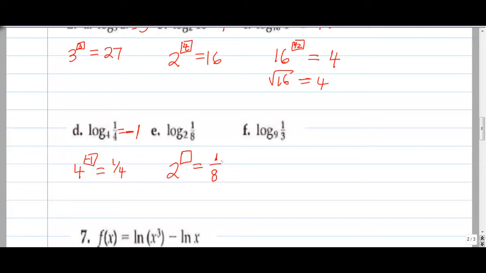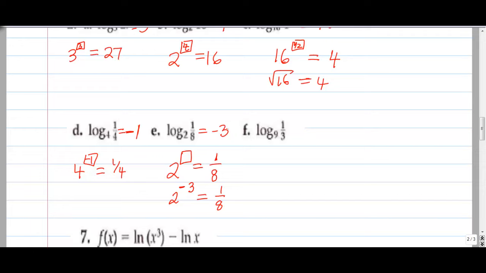So how can I get 8 in the denominator? Well, I know 2 times 2 is 4, times 2 is 8. So I know that 2 to the third is 8, right? But I want the 8 to be in the denominator, so I have to put a negative in front of it. So 2 to the -3 is 1/8. So that answer is -3.